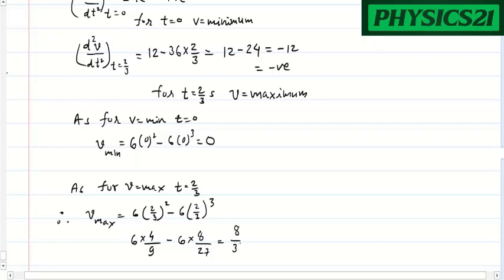Simplify it, we get 8 by 3 minus 16 by 9. As we simplify it, we get 8 by 9 meter per second. This is the maximum velocity. This is the use of maxima and minima in physics.